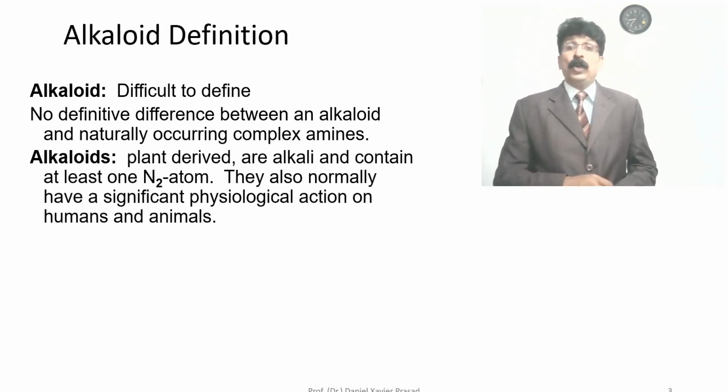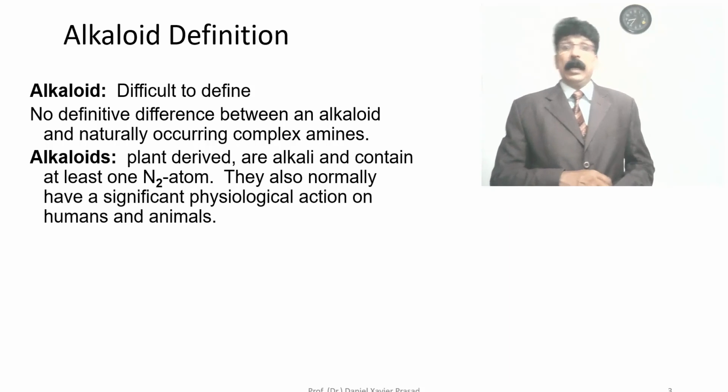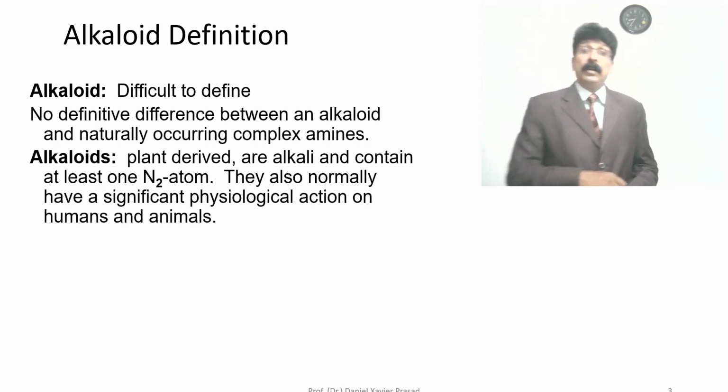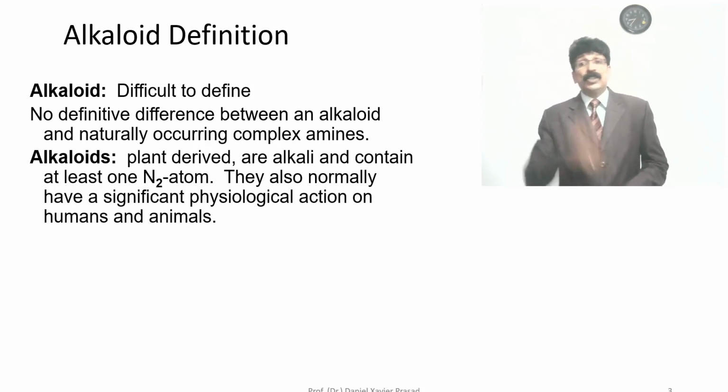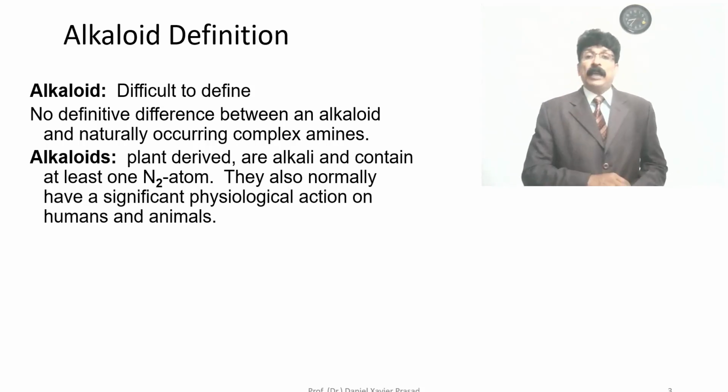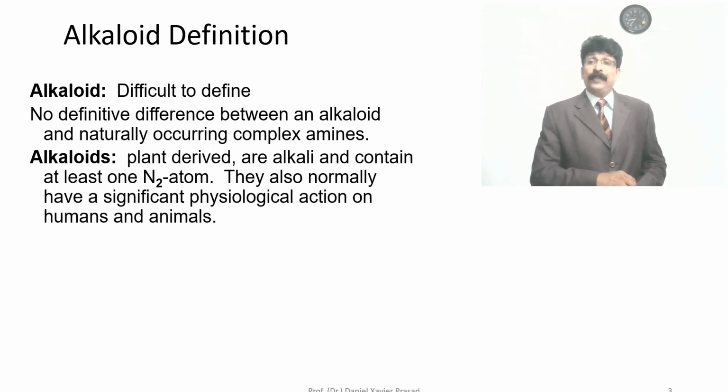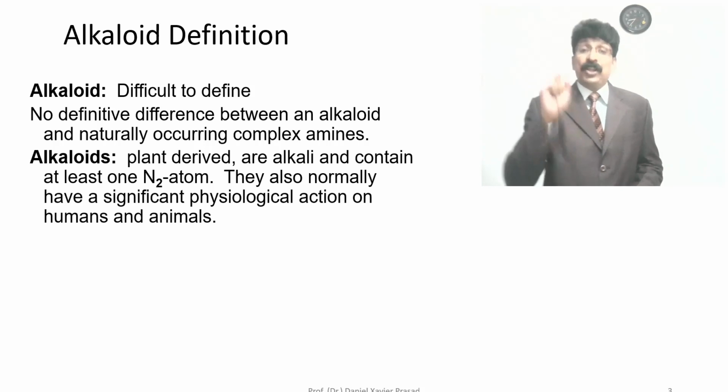That's why, still, alkaloids can be defined as plant derived, alkali-like compounds that contain at least one nitrogen atom, N2 atom. They also normally have a significant physiological action on human beings and animals.